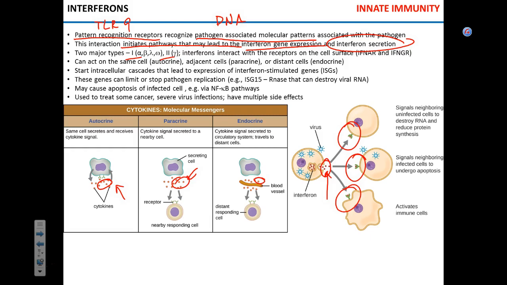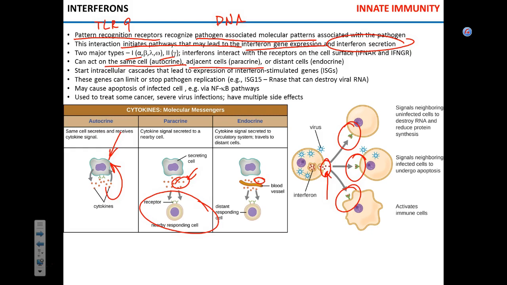Interestingly enough, look at the table to the left. Interferons produced by this cell can act upon that same cell. This is called autocrine signaling. Or they can diffuse a little bit and act on the nearby cell. This is called paracrine signaling.